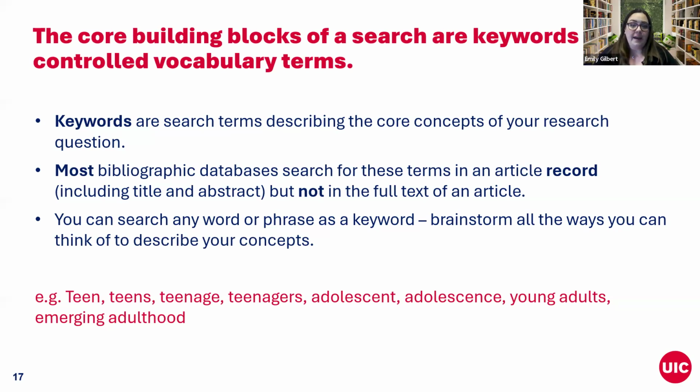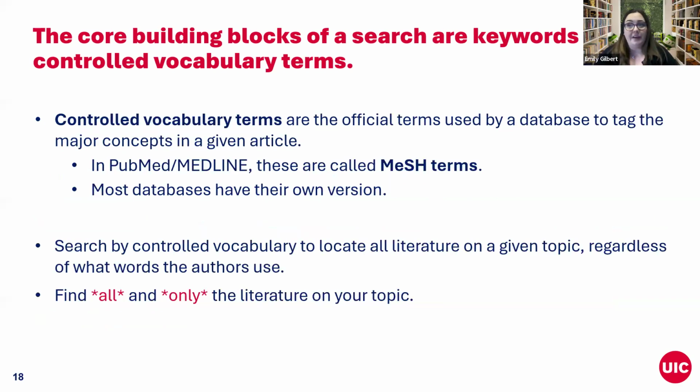And then the other core building block, as noted at the top, is controlled vocabulary terms. These are the official terms used by a database to tag major concepts in a given article. In PubMed and Medline, these are called MeSH terms. Most databases have their own version of something like MeSH terms.